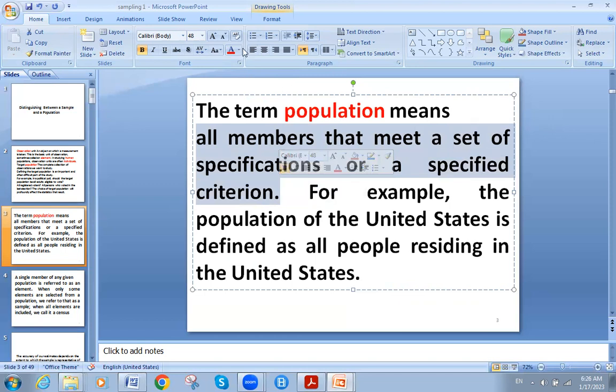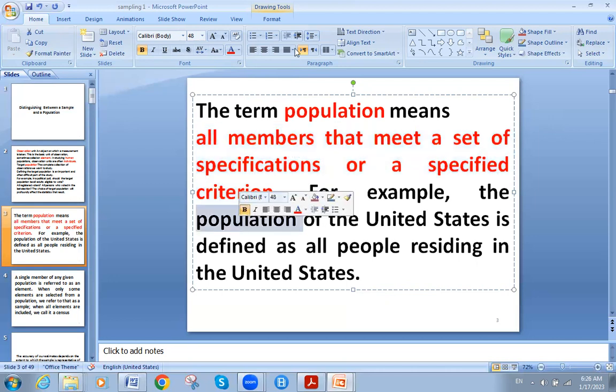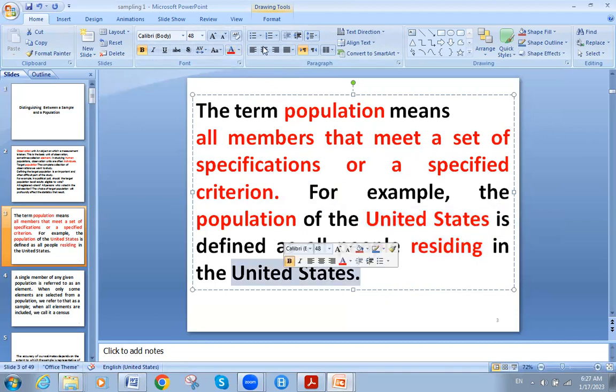For example, the population of the United States is defined as the people residing in the United States. So this is the meaning of population.